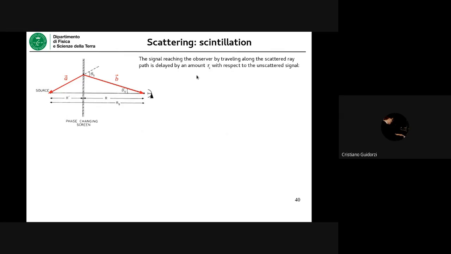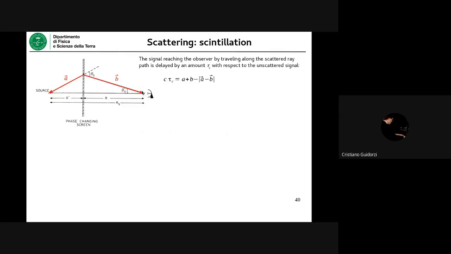Let's calculate this. In particular, we calculate this delay as tau c. So due to this geometry with respect to the unscattered ray, the straight line along the line of sight, I'm using some identities in vector calculus, very simple. That's why I call two vectors A and B. And you immediately see that the difference in the light travel time between the two rays is, on one side, the unscattered ray just travels along this guy here, but this is the modulus of A minus B vector.